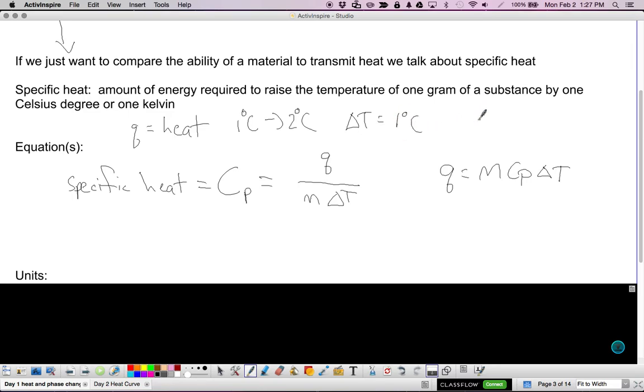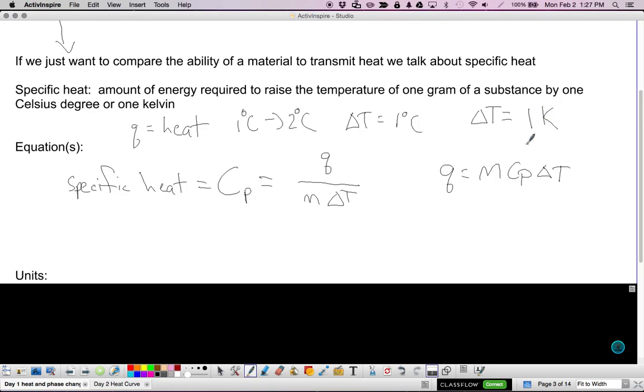Now I also want you to tell me what it is in Kelvin. Oh, interesting. So I take my 2 and I add 273 to it. I take my 1 and I add 273 to it. So I get 275 and 274, and I subtract my final minus my initial, and I get, that's right, 1 Kelvin.